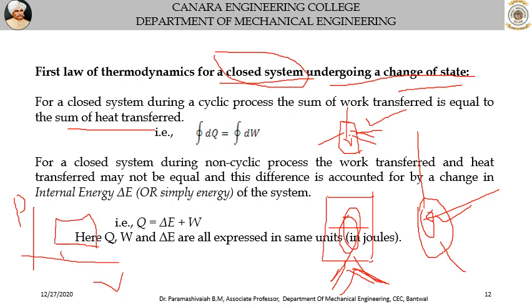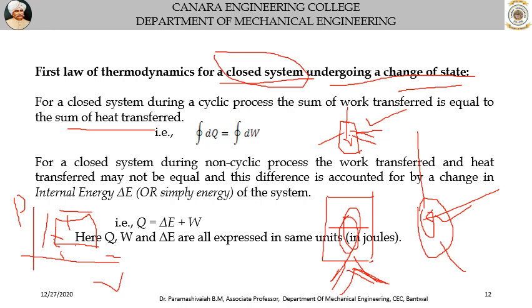Here we allow it to expand, increasing the volume, then increase the pressure, then decrease the volume, then decrease the pressure. So it is undergoing four processes. Then the beginning state and end state are the same.